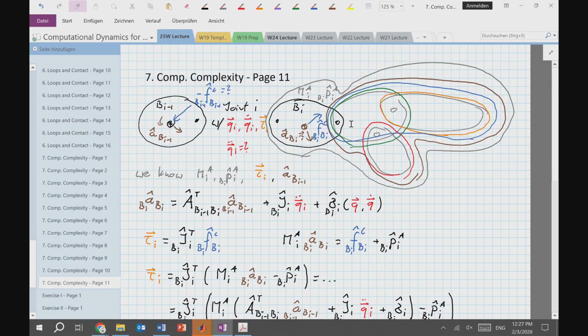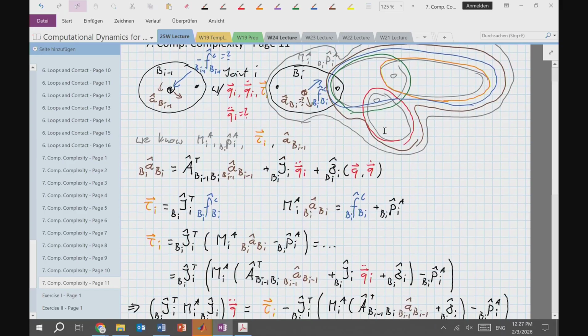And then I would look at this joint. I would take the articulated inertia that is sketched here in brown, do the same computation, get the acceleration of this guy, look at this joint, look at the articulated inertia of this body, which is just a single body, do the calculation, continue here.